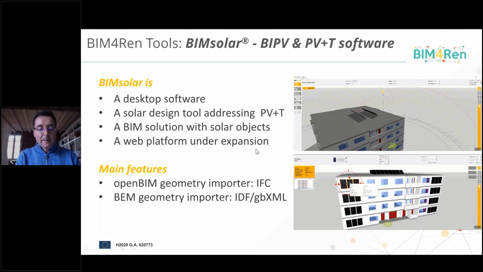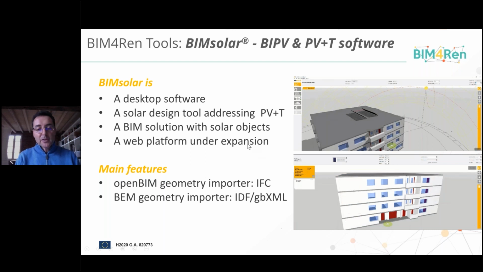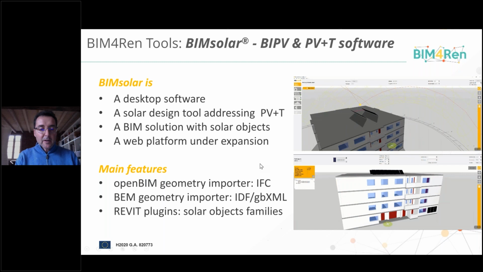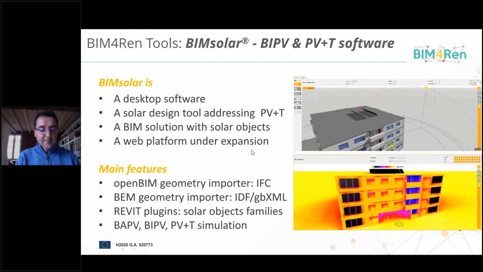Also, building energy modeling geometry importers, IDF format and GBXML format. And we also developed Revit plugins to enable the creation and replication of solar object families. Eventually, BIPV, PV, and thermal simulation with hybrid objects are enabled.